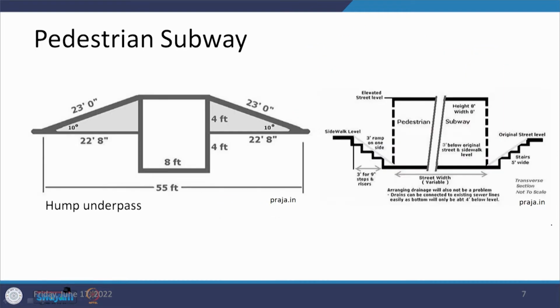So, this is the same being shown. It is just, say, an example being provided here, where the values have been given in feet. What we can see is that if this is 8 feet, if we go by the conversion, this is roughly around 2.4 meters. So, this 2.4 meters is the minimum which can be utilized, otherwise this looks quite a constrained condition.